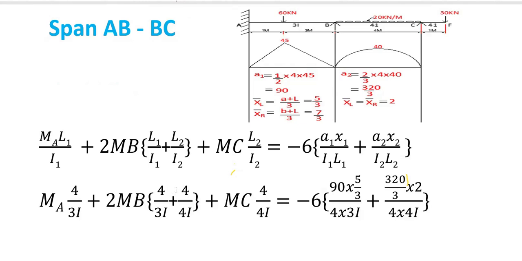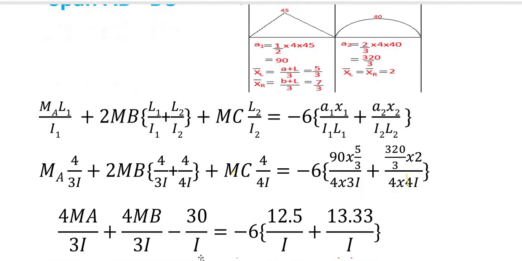So here it will be 14 over 3I, and this one will remain the same. Here you'll have 12.5 over I, and this one will get 13.33 over I. Even if you multiply by 3 throughout to get rid of 3I, you'll get the answer.